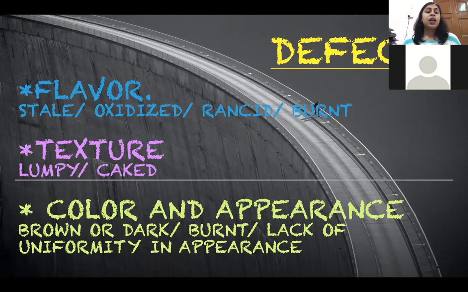Okay. Then comes texture. Now, defects in texture are of two types. One is lumpiness and another is caking. So, in lumpiness, what we see is that the product is powder, but we find small lumps of the product within the whole final product. That is lumpiness. We have small pockets of coagulated or sticky particles which form lumps.